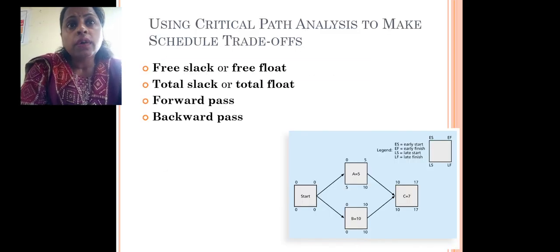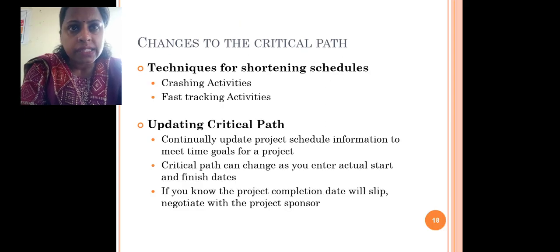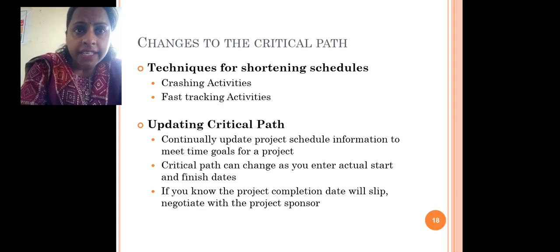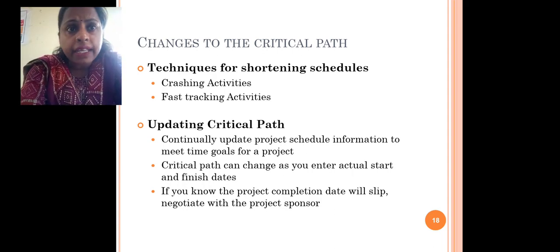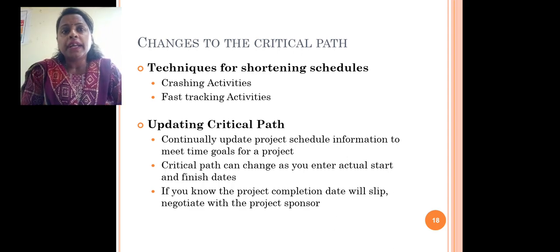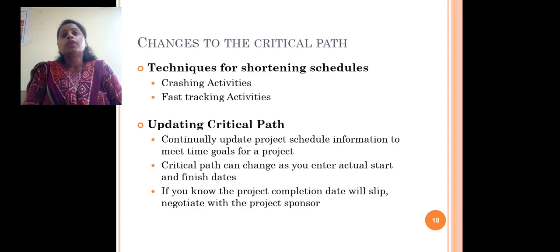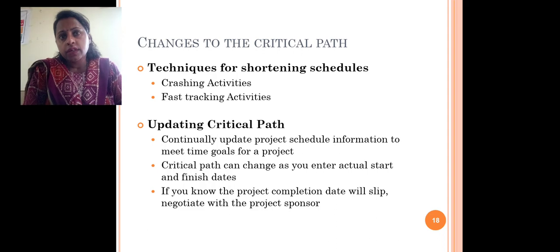Now when we make schedule trade-offs, we calculate free slacks, that is free floats, total floats, the forward pass and the backward pass. Crashing activities and fast tracking activities are the techniques for shortening the schedules. Now, updating the critical path: continually update project schedule information to meet time goals for a project.